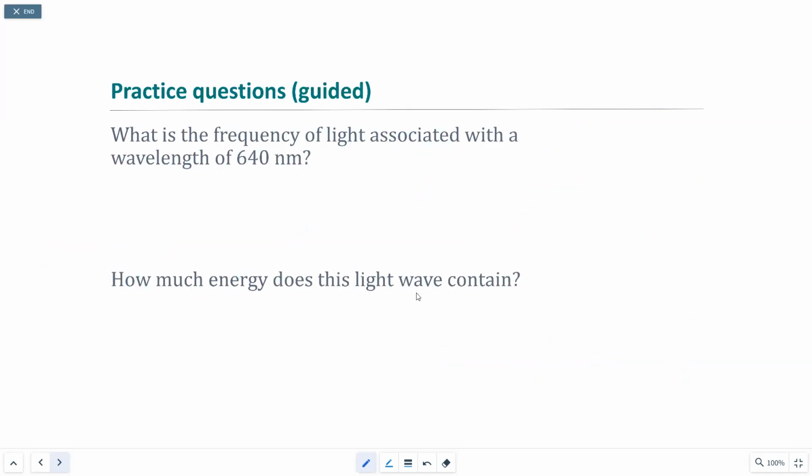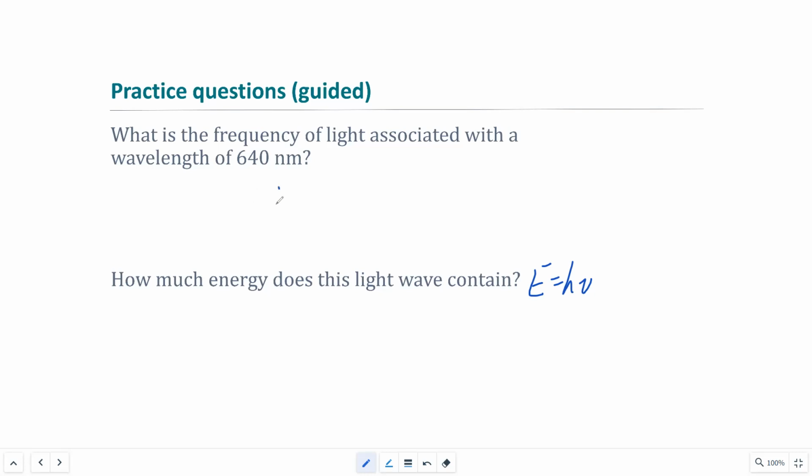So with that in mind, we can do some practice questions like these to help us figure out the relationship and the quantities associated with light. And for that, we are going to need another equation for this one on the bottom, which we'll get to in just a minute. The frequency of light associated with a wavelength of 640 nanometers.